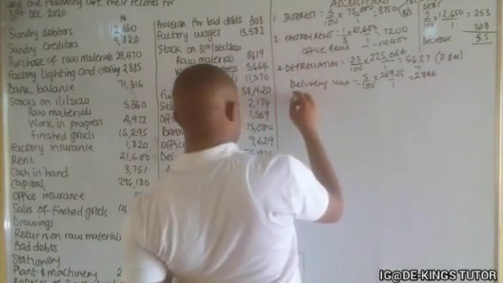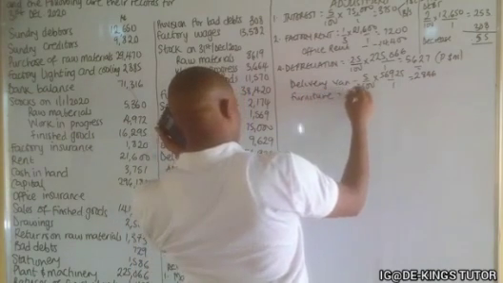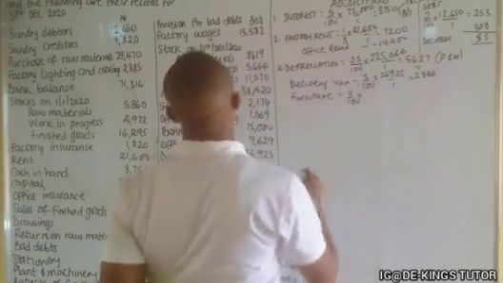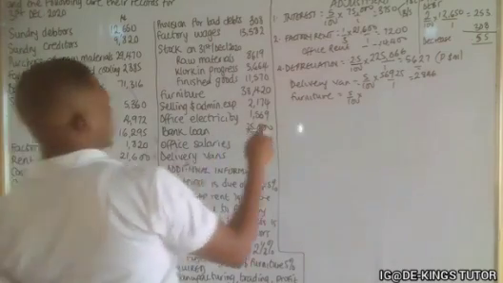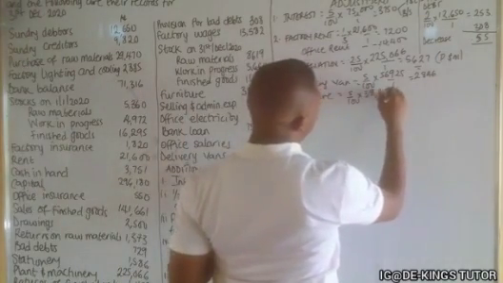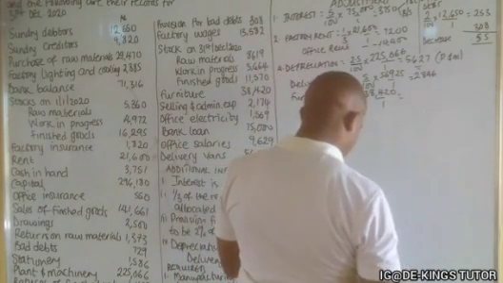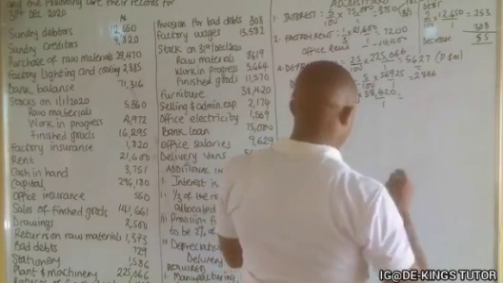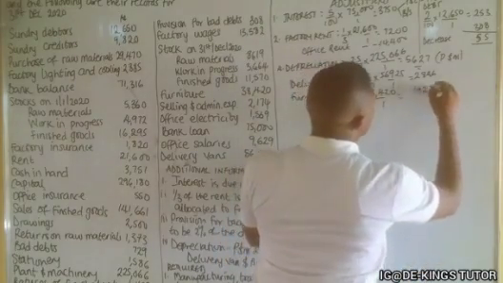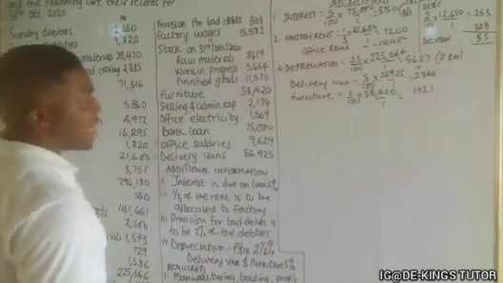Okay? While the last part is furniture. The furniture, also 5%, as 5 over 100 times the value for the furniture, 38,420. So we have the 5% of 38,420, we have 1921. So that is the adjustment.